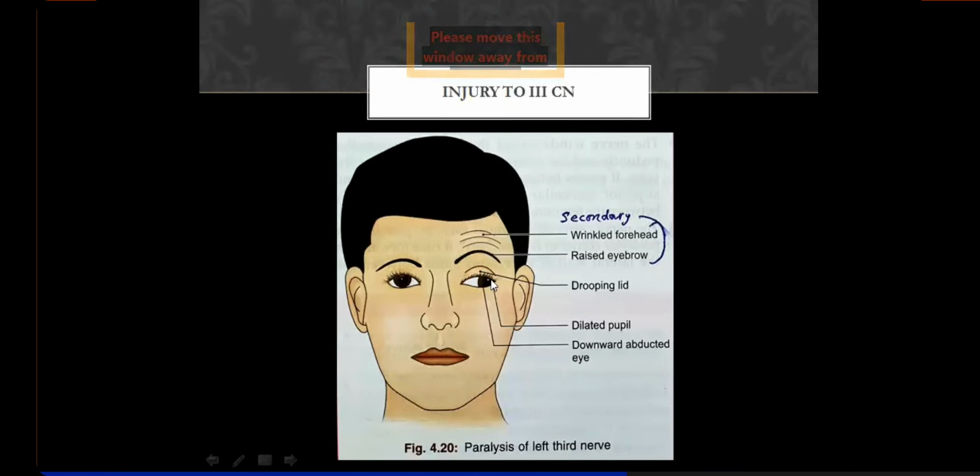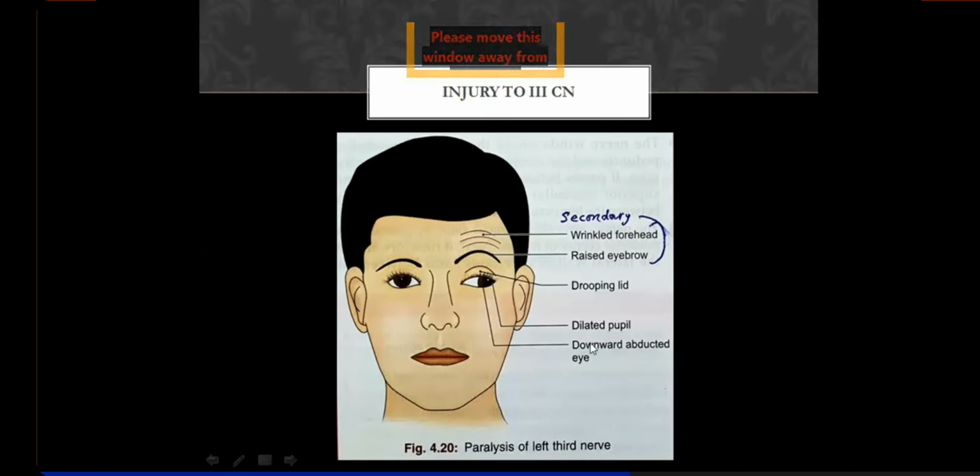डाउनवर्ड्स एंड abducted आई क्यों हो जाएगी, क्योंकि 5 मसल्स तो पैरालाइज हो गई, रिमेनिंग क्या बची, लेटरल रेक्टस बची और सुपीरियर ऑब्लिक बची. तो हमने बताया था लेटरल रेक्टस इट्स abducting द आई, और दूसरी क्या बची, सुपीरियर ऑब्लिक. सुपीरियर ऑब्लिक का एक्शन क्या था, डाउनवर्ड्स एंड आउटवर्ड्स, राइट. So that way the patient or the subject will present with the affected eye looking downwards and outwards.